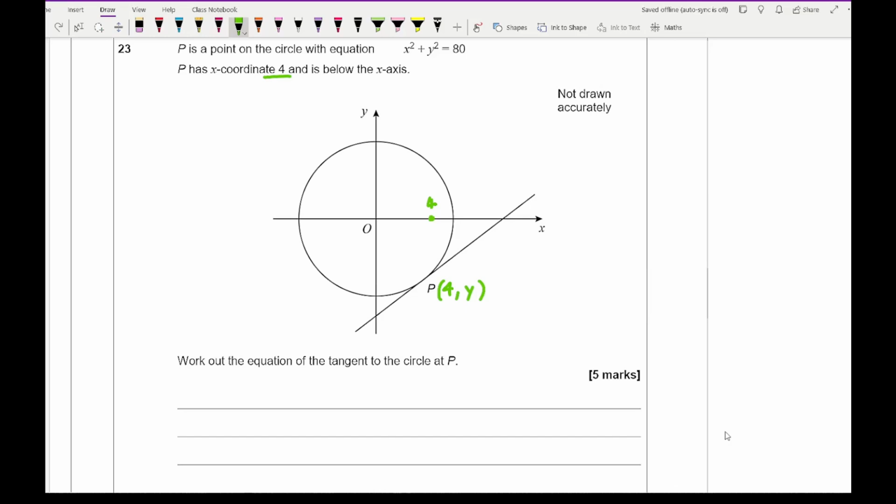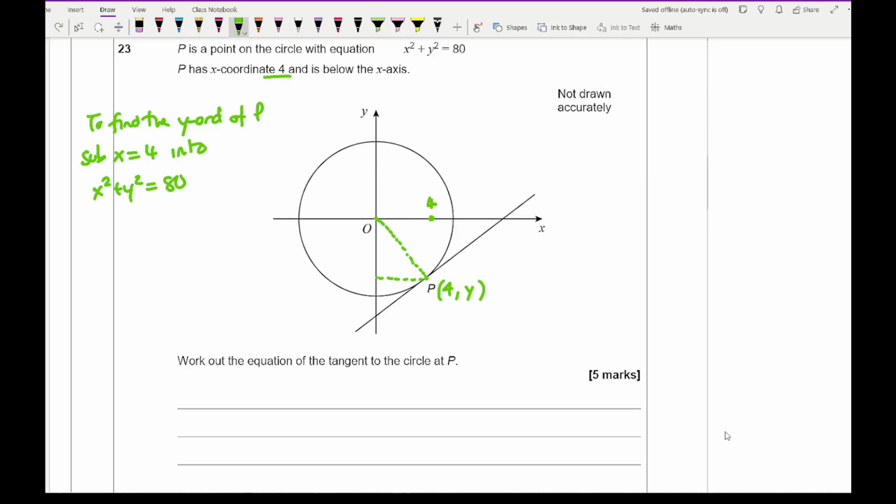Now, what I first of all need to do is work out what the gradient of OP is going to be. We know that the base of that triangle is 4. So to find the y-ordinate of P, what we need to do is sub x equals 4 into the equation of the circle, which is x squared plus y squared equals 80.